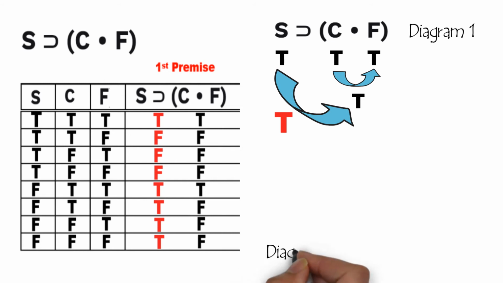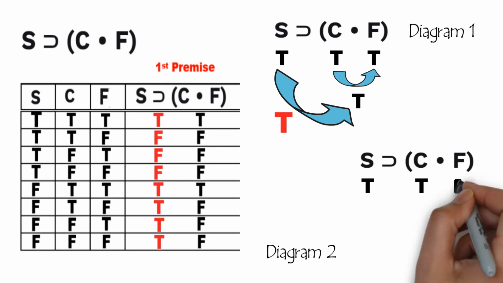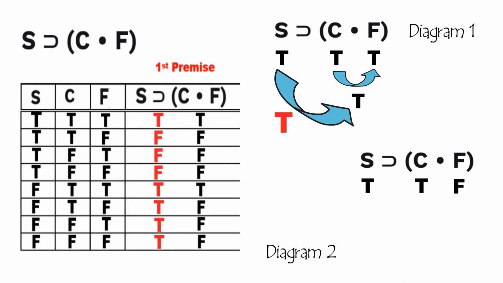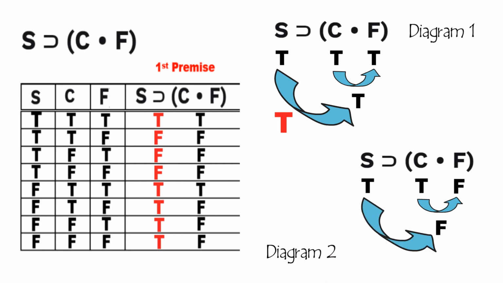Now, in the second row, S is true, C is true, and F is false. So, S, then C and F is false.